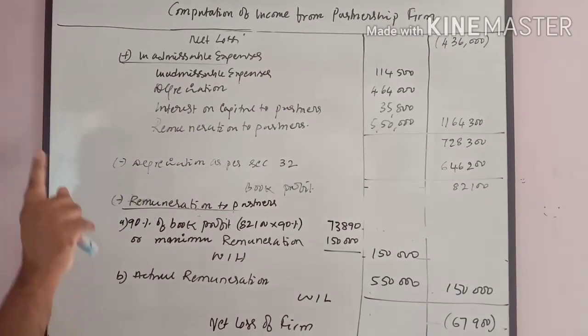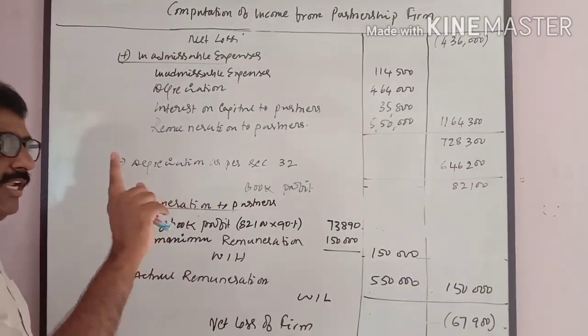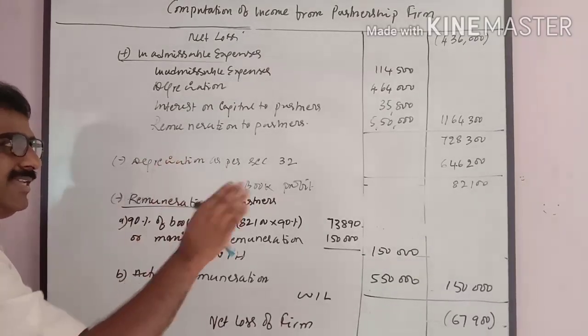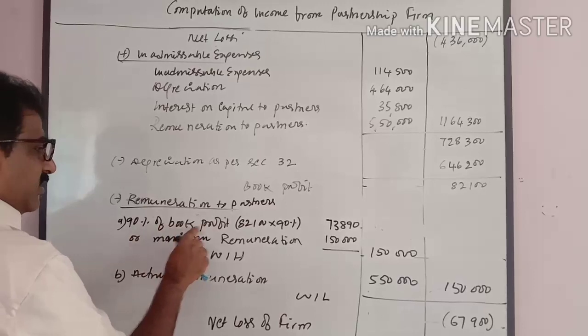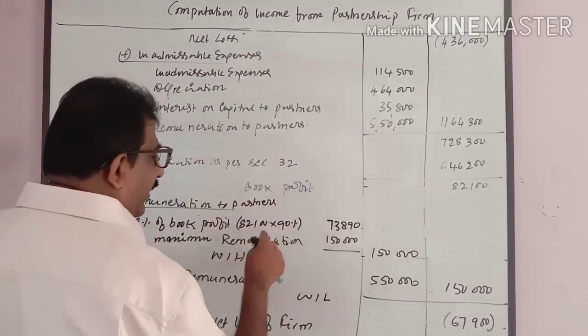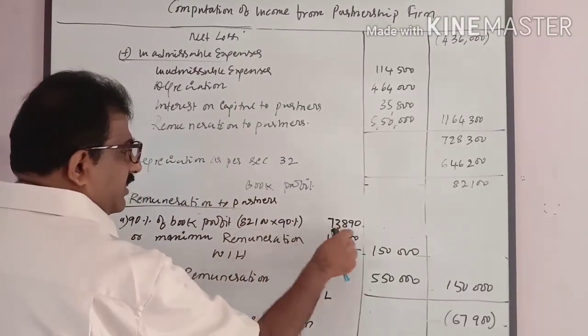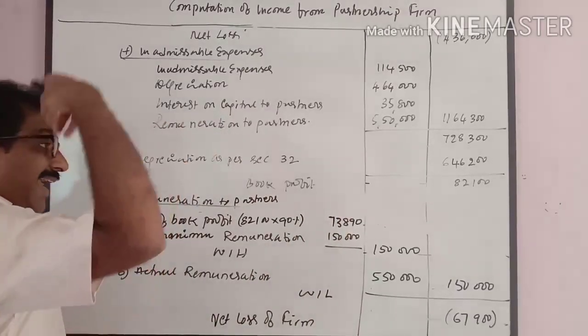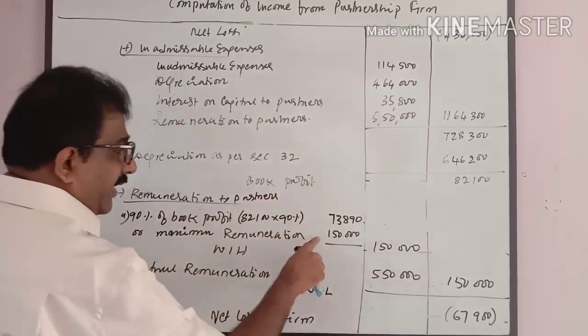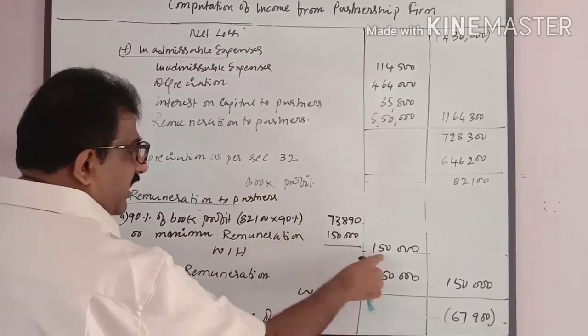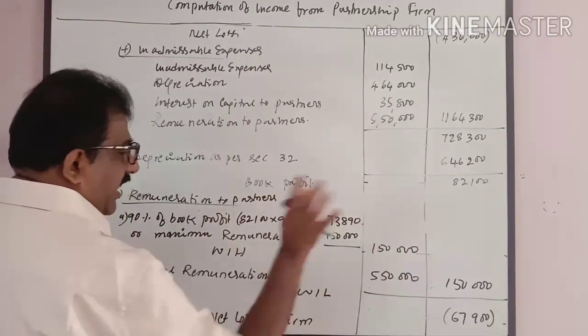See here, when book profit is 82,100, less than 3 lakh rupees, whatever it is, 90% of book profit, 82,100 into 90%, is 73,890. The maximum remuneration allowed by the provision is 1,50,000. Among these two, whichever is higher, 1,50,000 is higher.